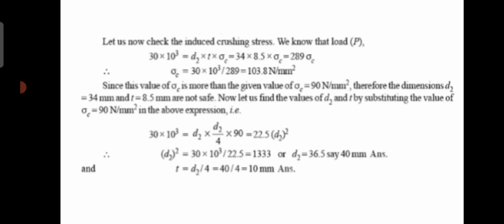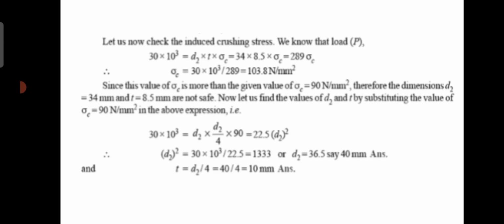Simplifying this, we get crushing stress sigma C equal to 103.8 Newton per millimeter square. Since this value of sigma C is more than the given value of sigma C, 90 Newton per millimeter square, therefore the dimensions d2 equal to 34 millimeter and t equal to 8.5 millimeter are not safe.